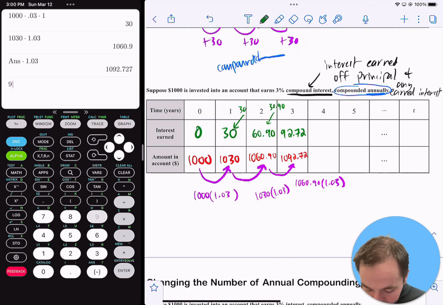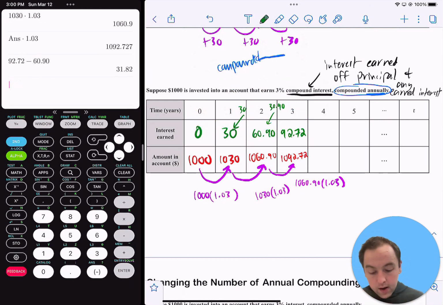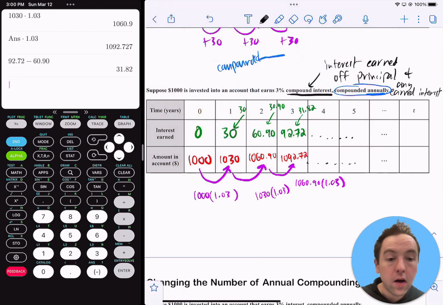If we take $92.72 and we subtract $60.90, the amount of interest that we gained overall over the first 2 years, that would inform us then that just in that third year, we would have accumulated $31.82 of interest, right? All right, so that's the idea and the pattern, so that's just going to continue on and on and on and on from there, right?